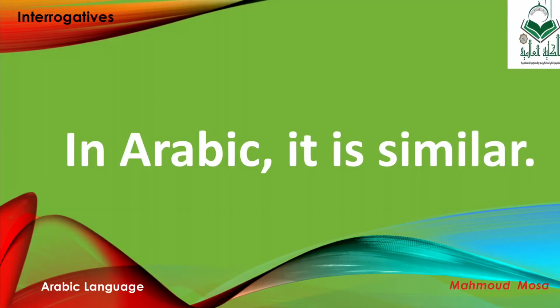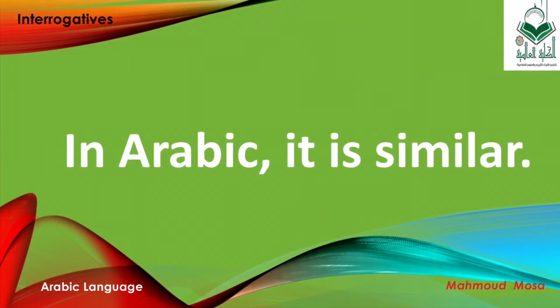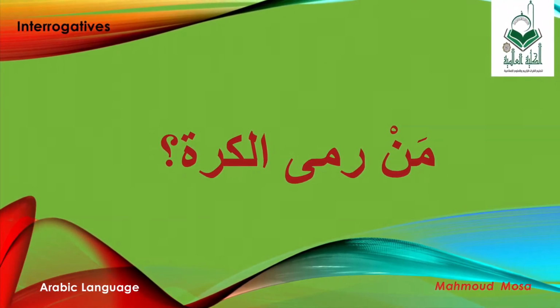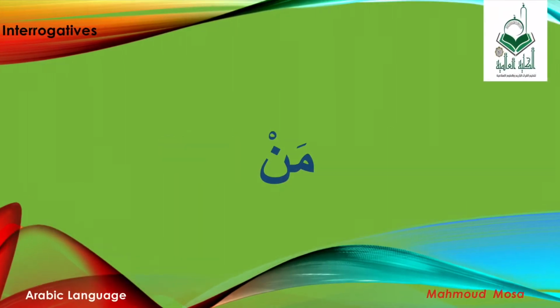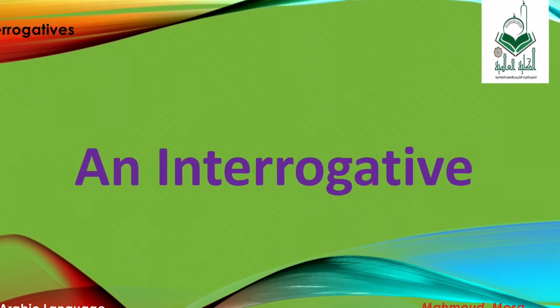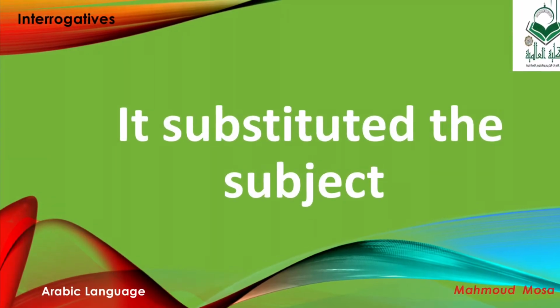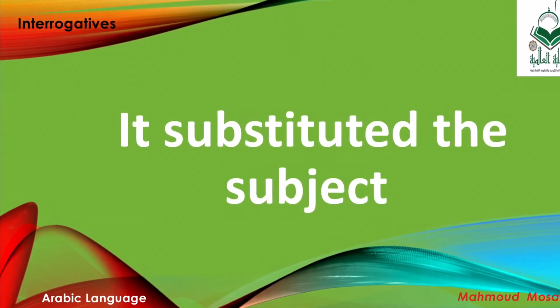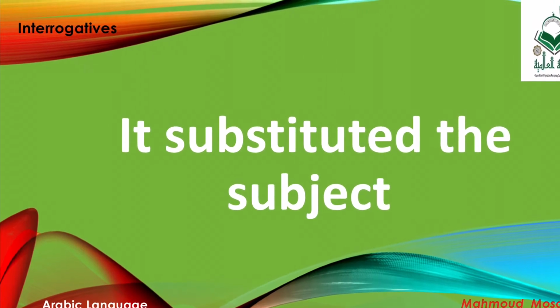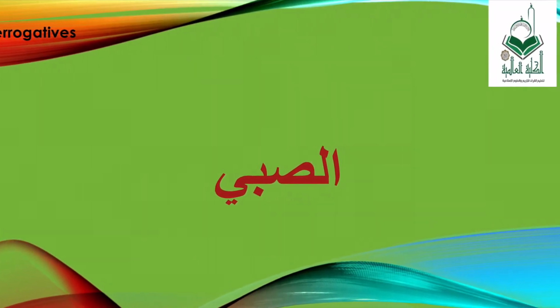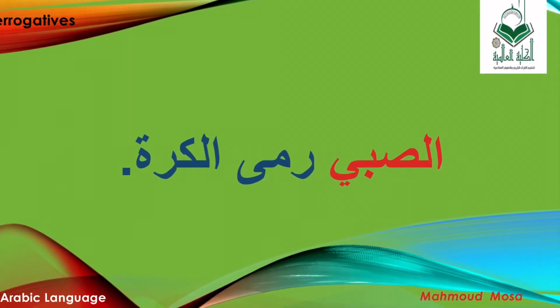In Arabic, it is similar. We say, من رمى الكرة. The word من is an interrogative. It substituted the subject of the sentence. For example, the boy, الصبي. We say, الصبي رمى الكرة.